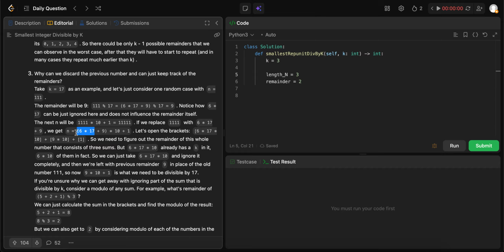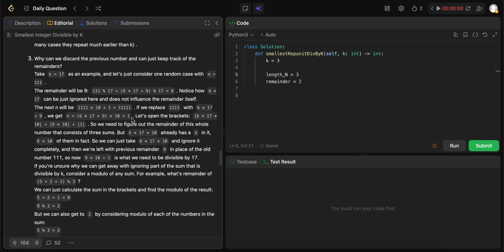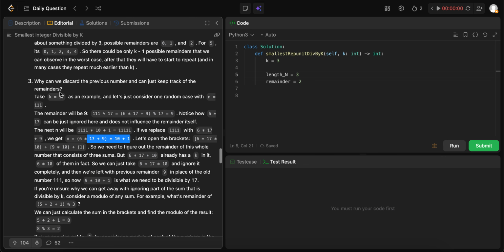You ignore this part, and then you end up with just 9 times 10 plus 1. This makes sense. Because we're doing everything in this equation mod k, mod 17, right? And so, obviously 6 times 17 is going to evaluate to 0, and then you just get 9 times 10 plus 1, mod 17.